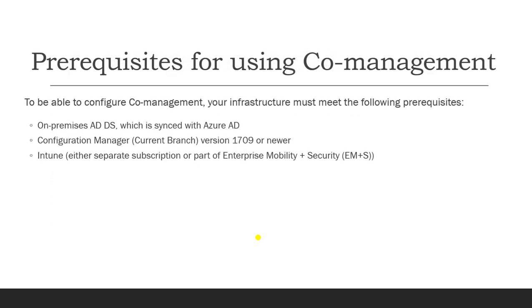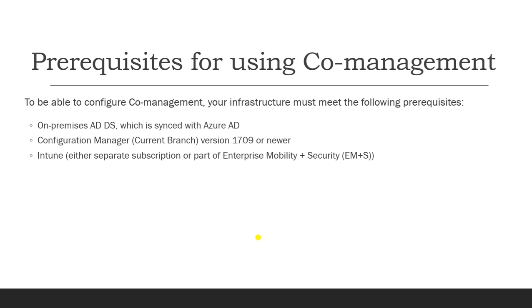What are the prerequisites we need when configuring co-management? To be able to configure co-management, your infrastructure should meet the prerequisites. This is related to what you should have in your infrastructure.